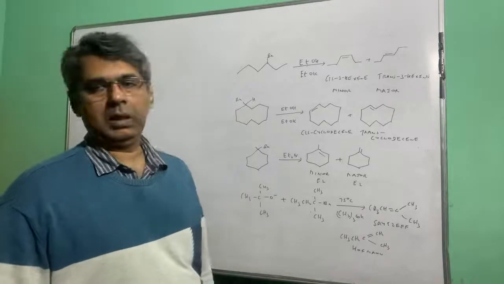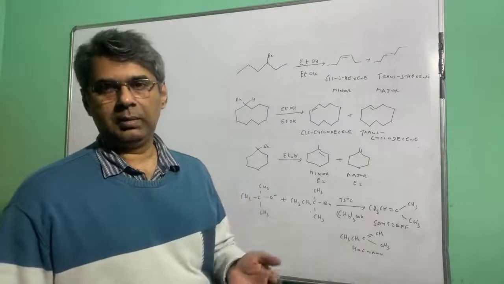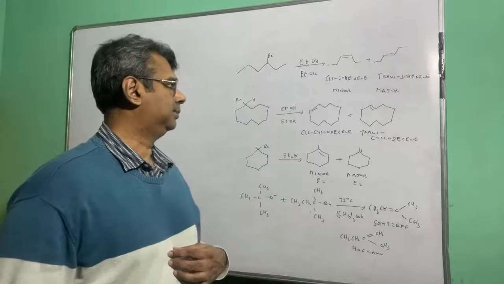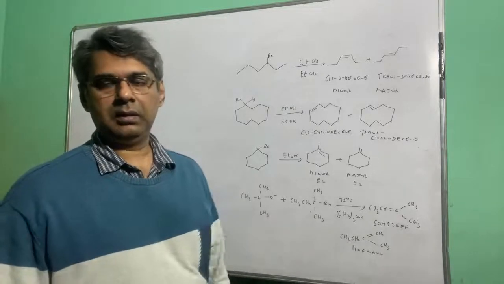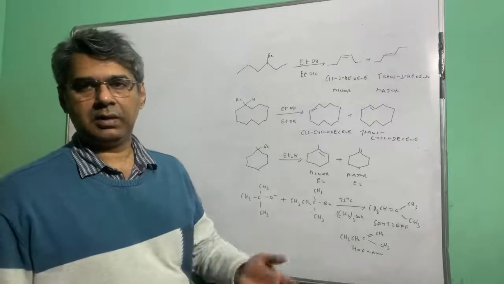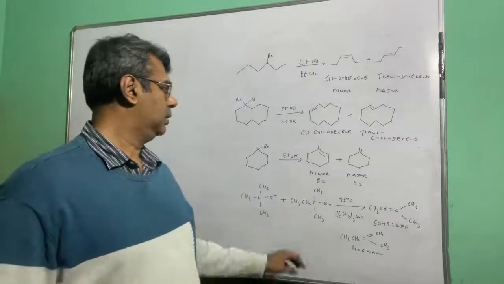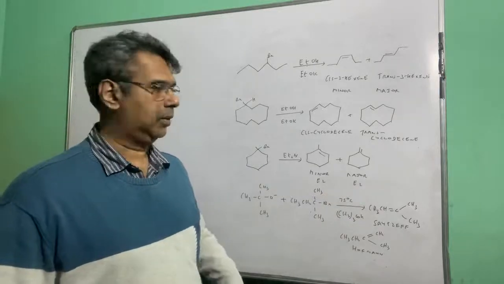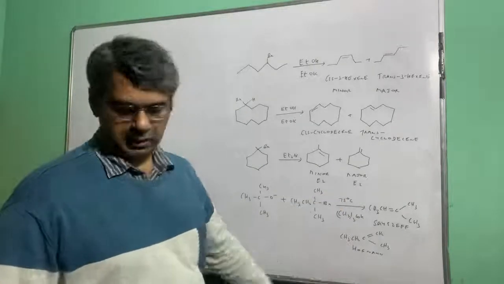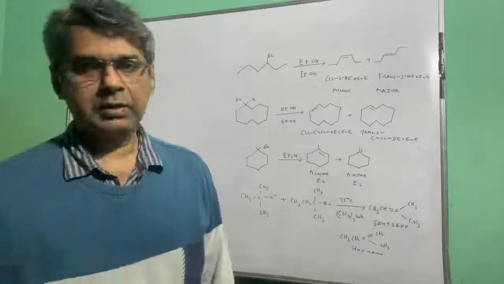By the way, for normal expectation, we expect Saytzeff. The minor one, when it is Saytzeff, is called Hoffman. So if it is a hindered base, then the major product is the Hoffman product. So here Hoffman is major and here also Hoffman is major.